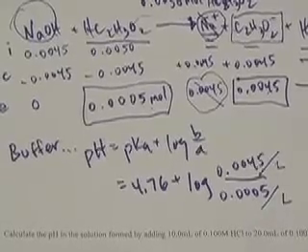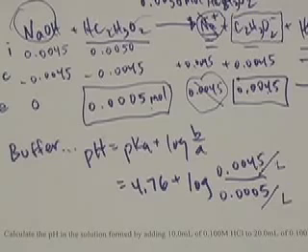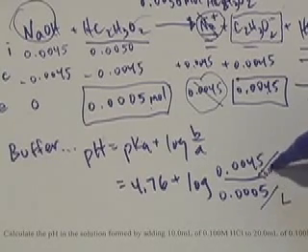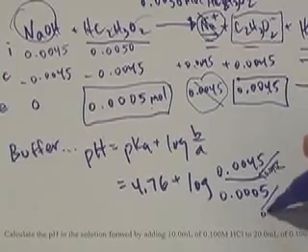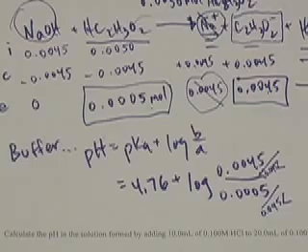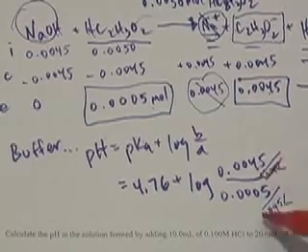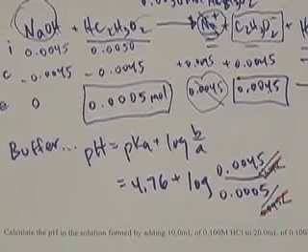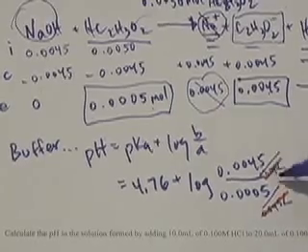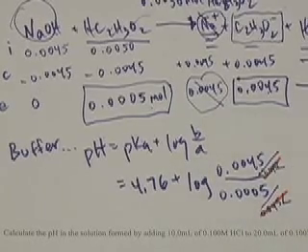But remember, I've added the two together, and so 45 plus 50 gives me 95 milliliters, or 0.095 liters here. What's going to happen to those volume amounts in this equation? Well, the 0.095s are going to cancel, and so you can directly calculate the pH using the Henderson-Hasselbalch equation without taking your moles and converting it to concentrations.